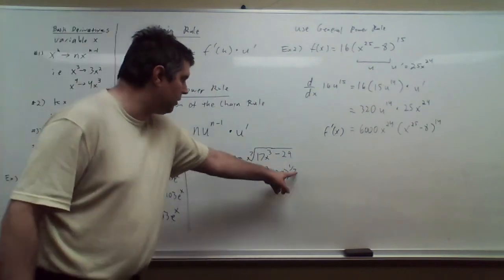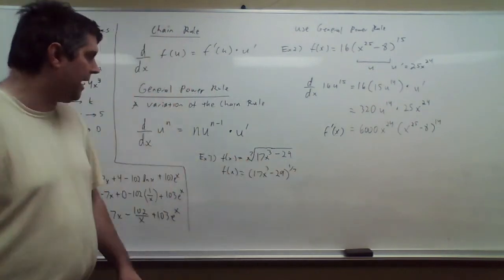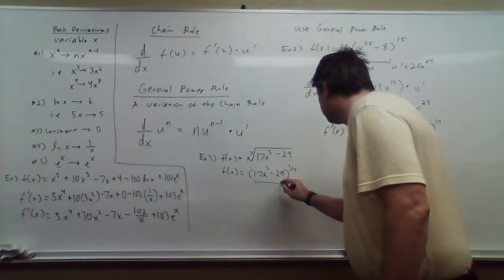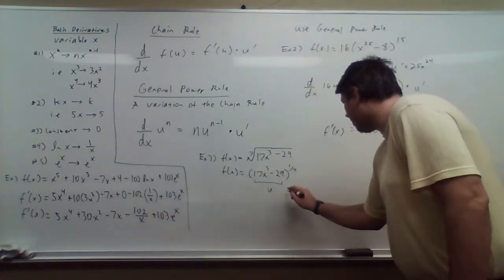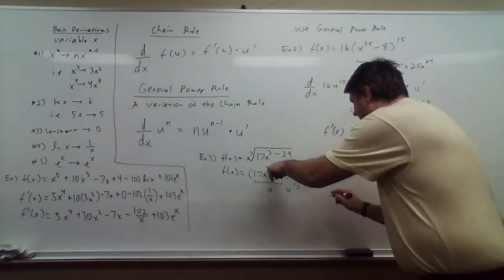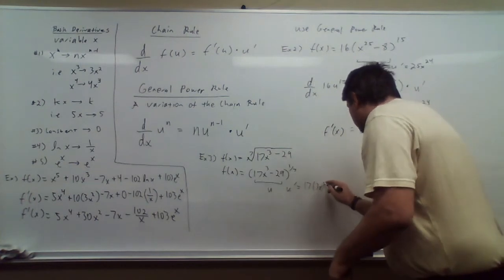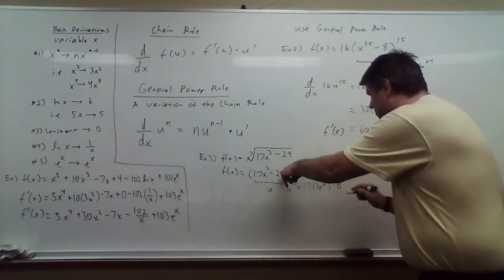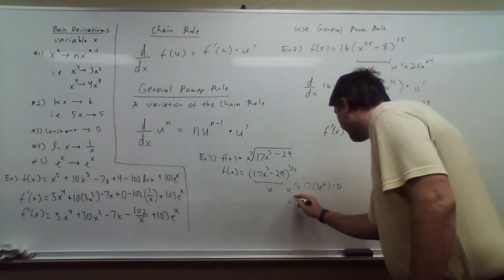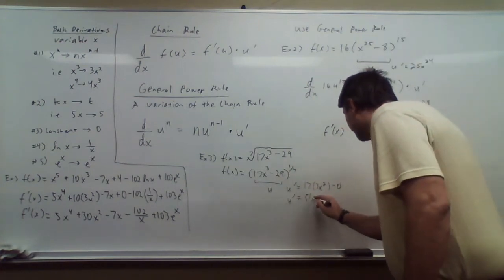That's what the 7th root would be, the 1/7 power. So this will take the role of u. u prime would be 17 times 3x squared minus 0, because the derivative of 29 is 0. So u prime equals 51x squared.